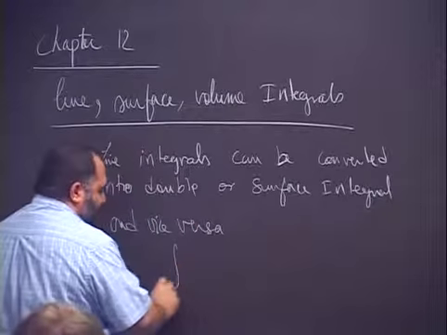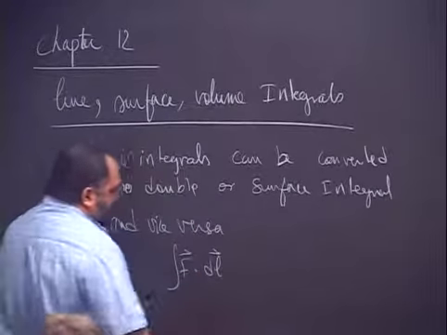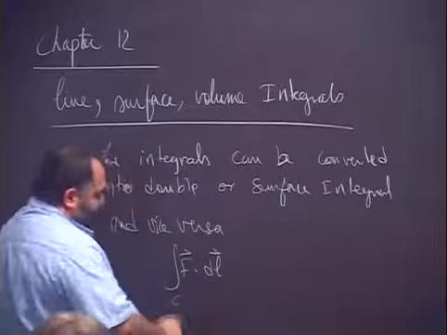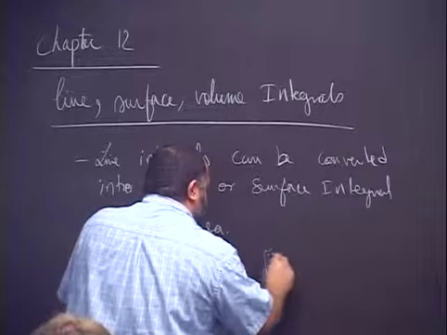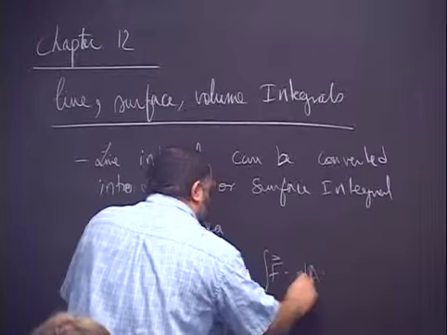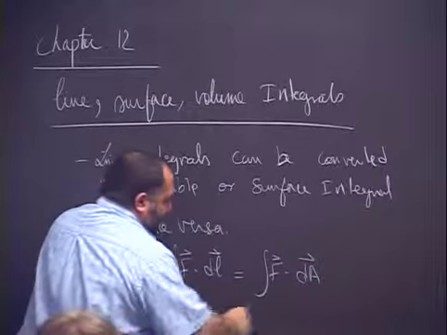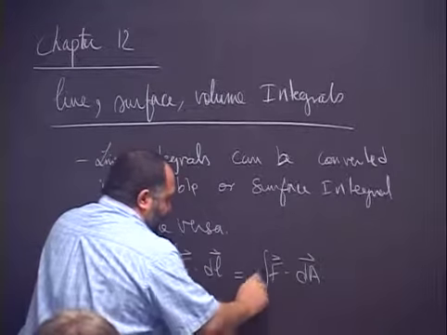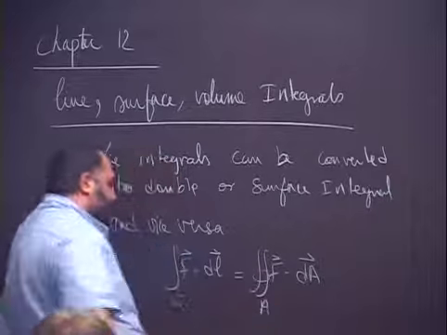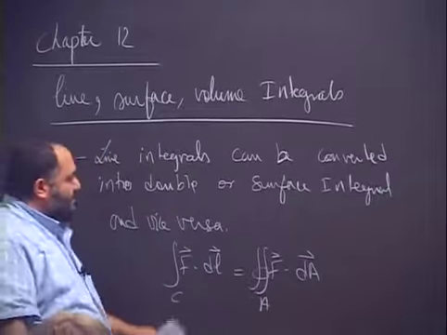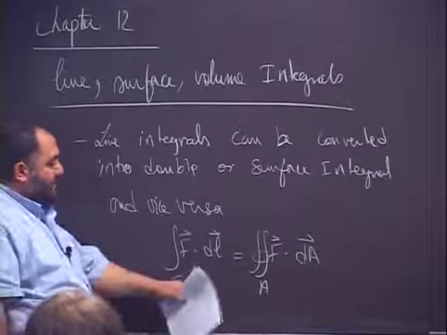If you have a force integrated over a line, for example, so this is a line integral over a contour, you can transform it to the same integration of the force or the function f over a certain area. So in this case, this will be an area A. So this is called the Gauss theorem.